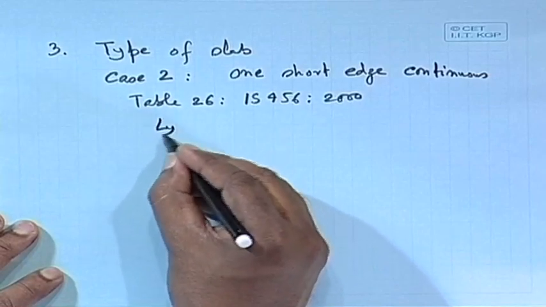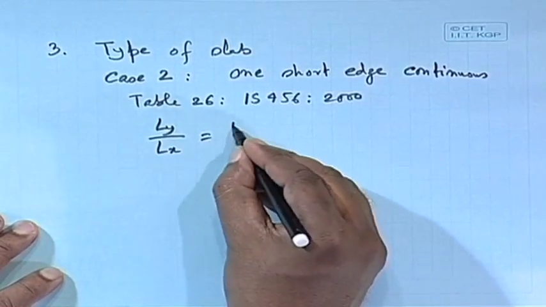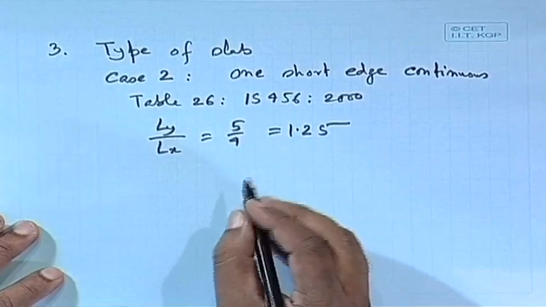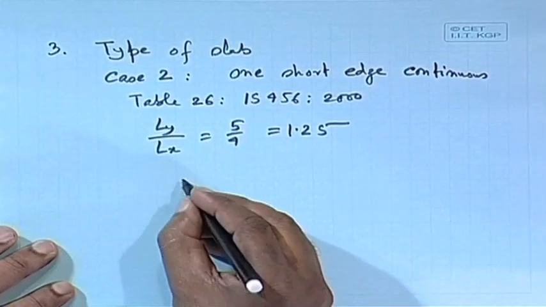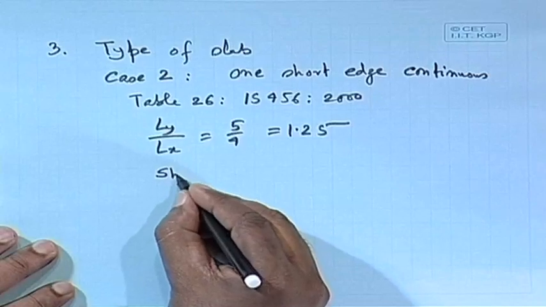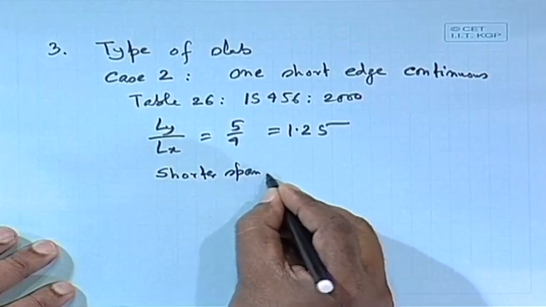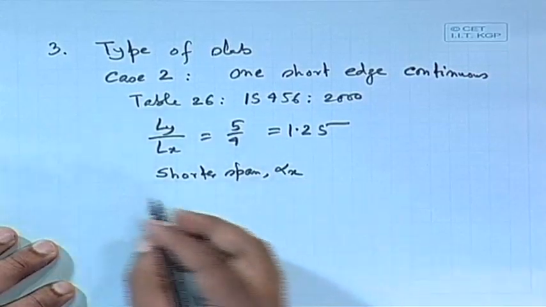Ly by Lx already you have computed, 5 by 4 equals 1.25. Now, let us write down explicitly the shorter span alpha x.